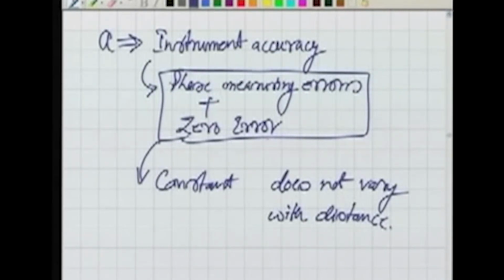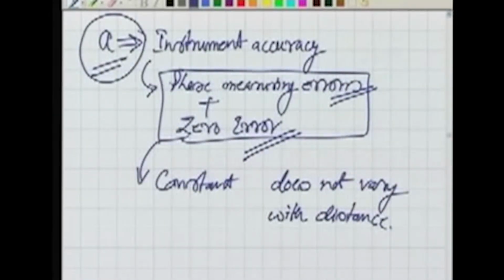Zero error doesn't vary with the distance, and this phase measuring error only varies within one unit distance or the lambda by 2. So we take them as constant, and this entire thing is represented in A. So we say this is the instrument error, an error which is in the instrument. It doesn't have anything to do with the distance.